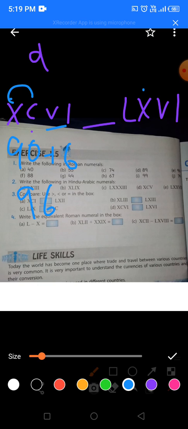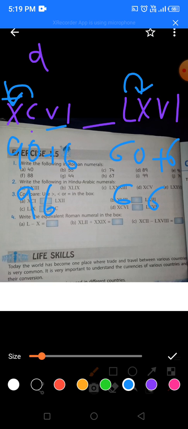Now look at this number. Again X, and this is L, 50. Now see, this is towards the right. Now X is towards the right of L. So you will add it. So this is nothing but 60 plus 6. So this is nothing but 66.